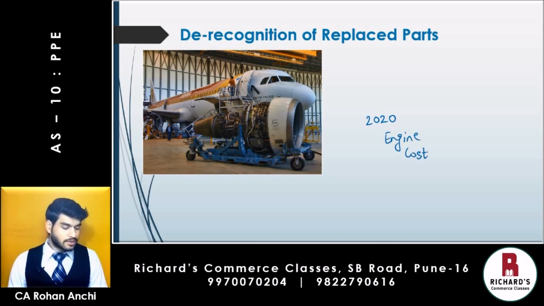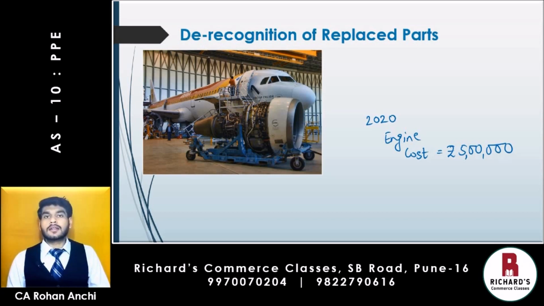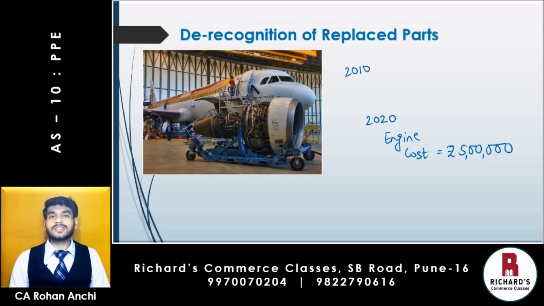The engine cost in 2020 is rupees 5 lakhs. Now you need to derecognize this engine, but what was its cost earlier? Let's say this entire aircraft was purchased in 2010. Then what was its cost in 2010? If you cannot estimate it, then the best estimate will be done in the following manner.